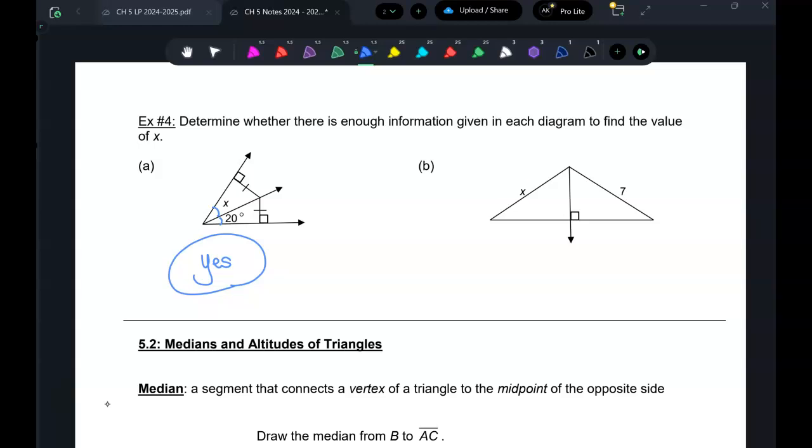This looks like a perpendicular bisector, but we don't know anything. We don't know the base. Hypotenuse leg, HL. I know, but we don't know if these are congruent. Yeah, but you have the other leg. Reflexive. But I need a hypotenuse.